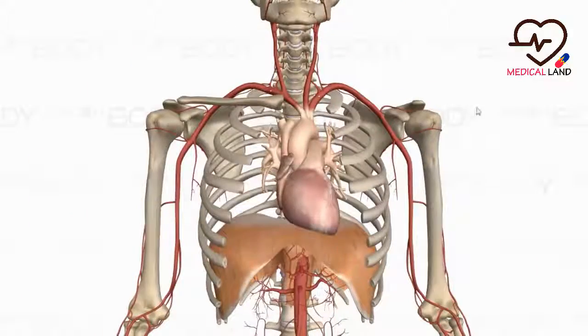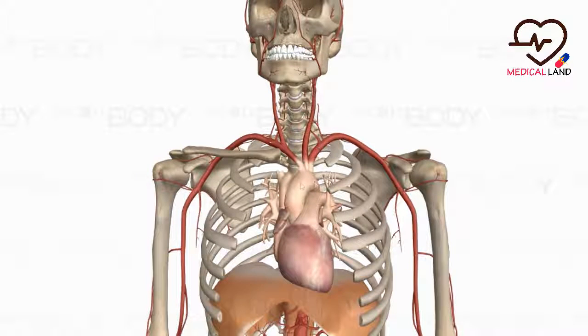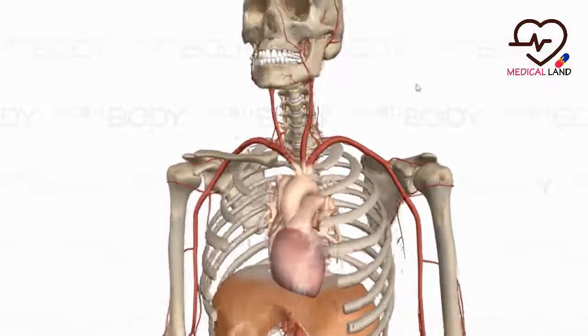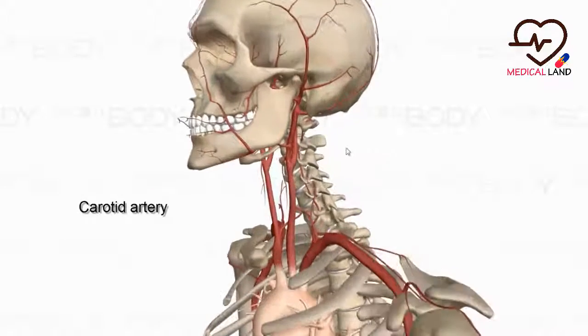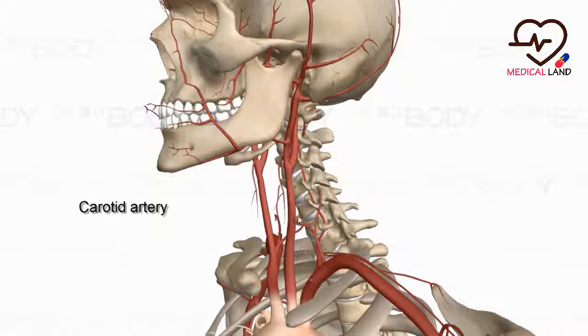Okay, now as we move over to the next vessel off of the aortic arch, that then is going to be our left common carotid. And of course that's going to branch off again into the left external carotid and left internal carotid.